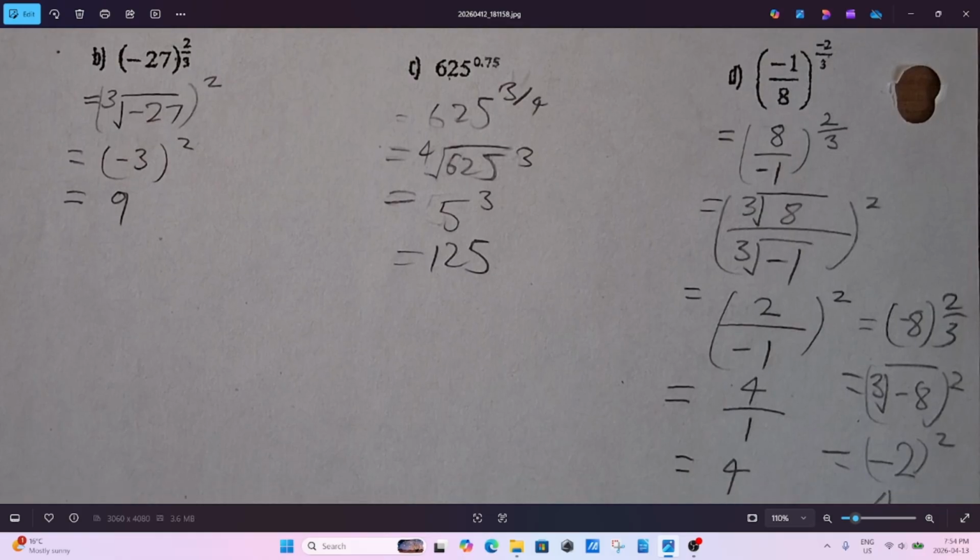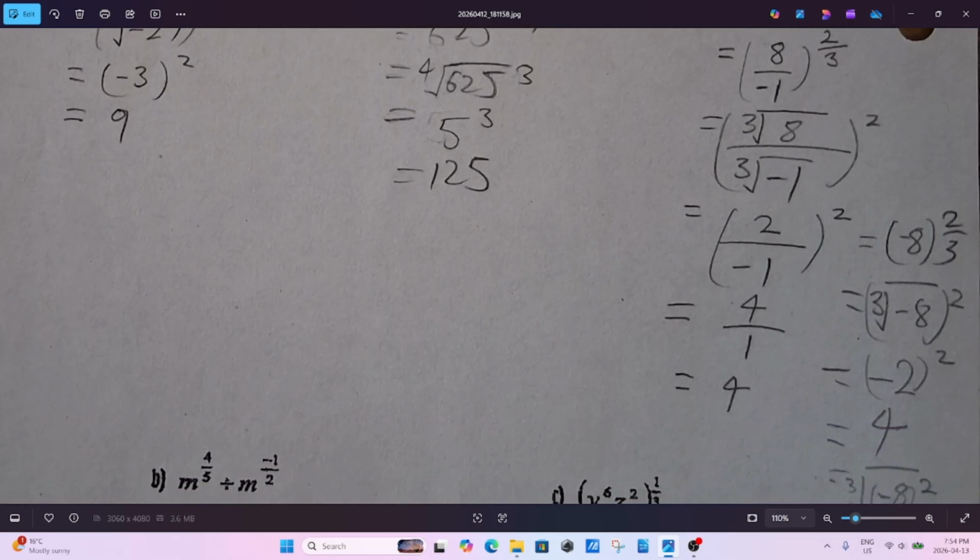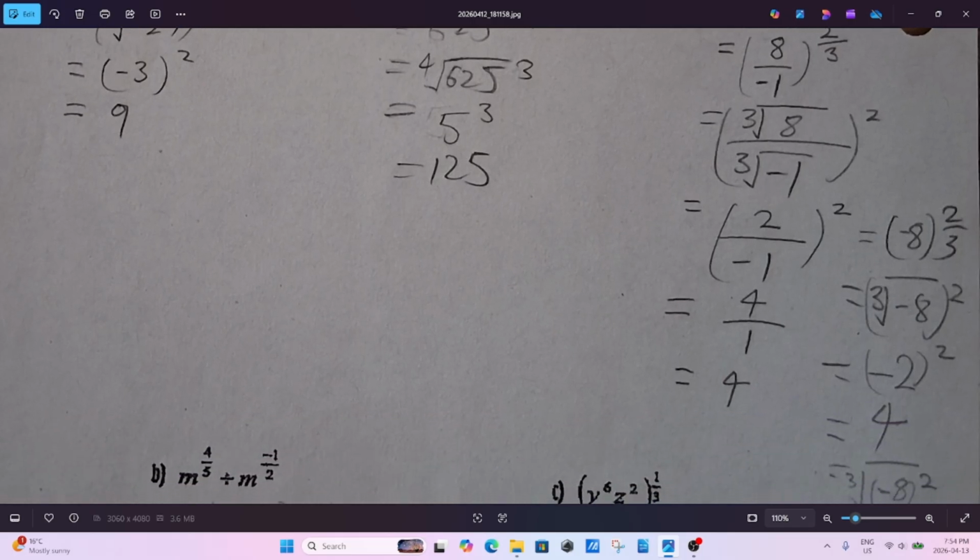Question D, negative 1 over 8 to the exponent negative 2 over 3 is just 8 divided by -1 to the exponent 2 over 3, which is equal to the third root of 8 divided by the third root of -1 to the exponent 2, which is equal to 2 divided by -1 to the exponent 2, which is equal to 4 over 1, which is equal to 4.